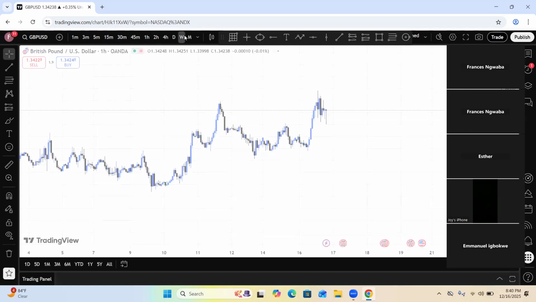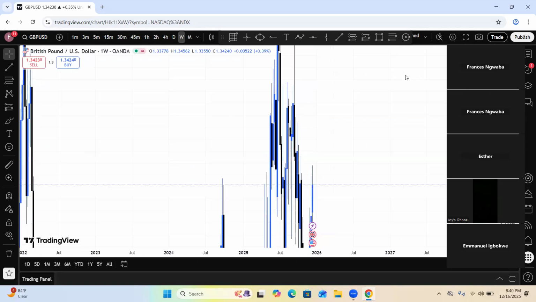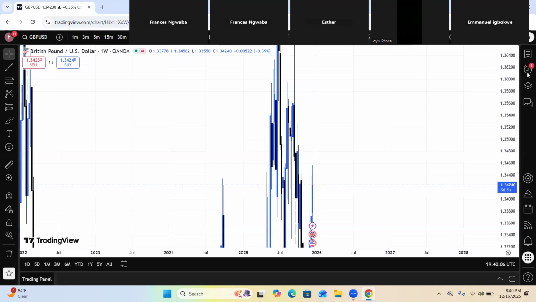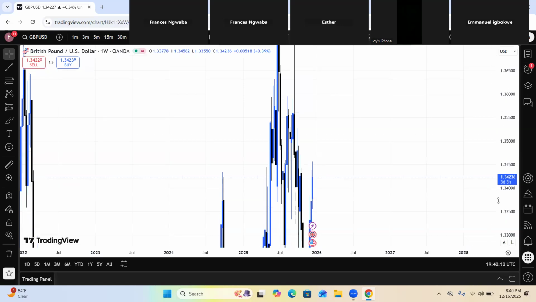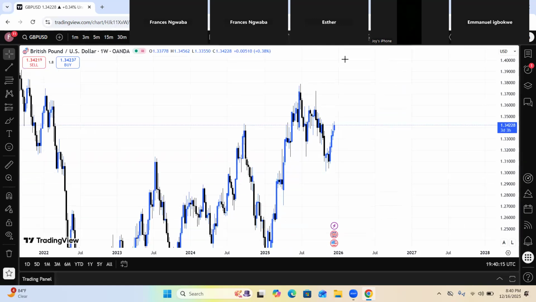So now let's start from 1 week. I told you that all these things you are seeing in this chart are called candlesticks. What did I say? They are called candlesticks. Every candlestick that you can see here means that it was formed in 1 week.